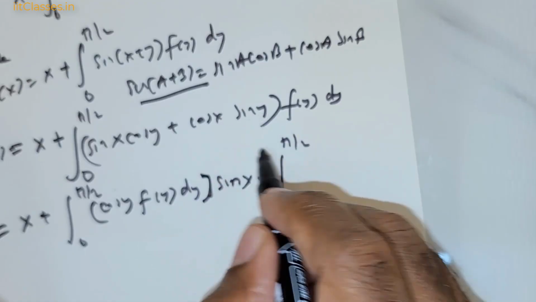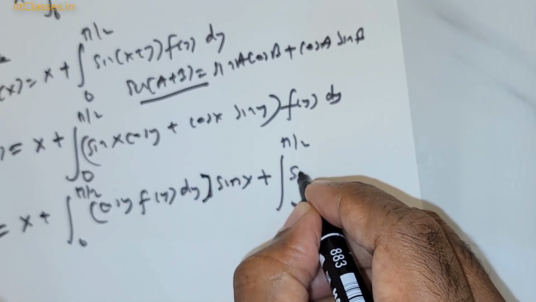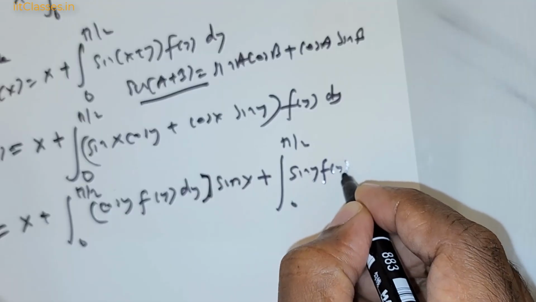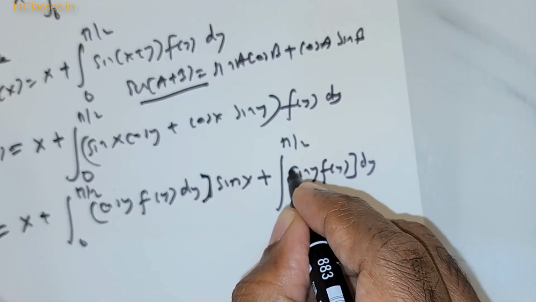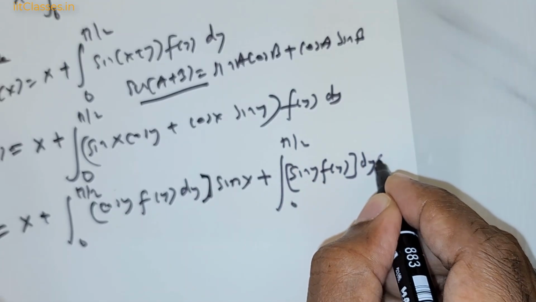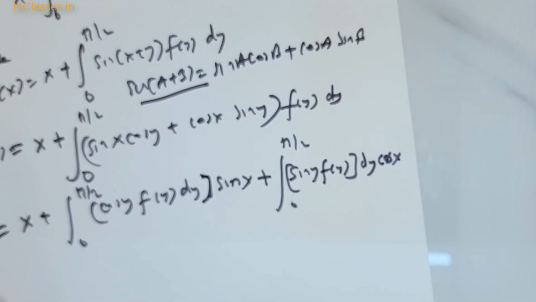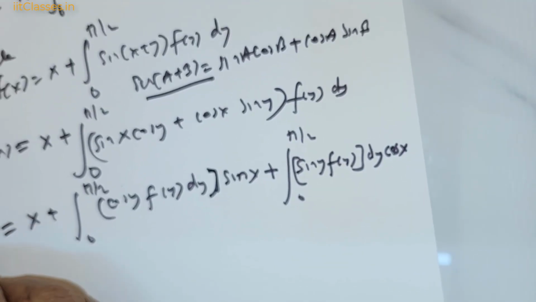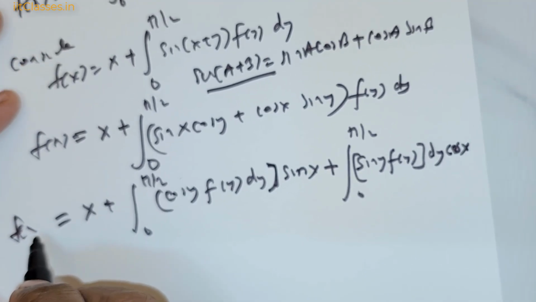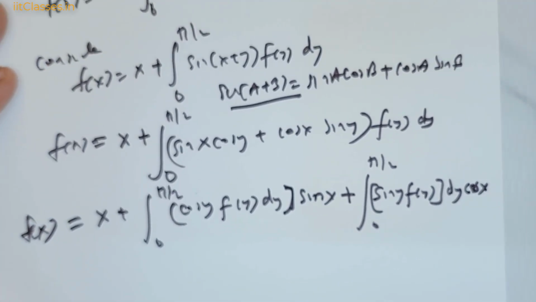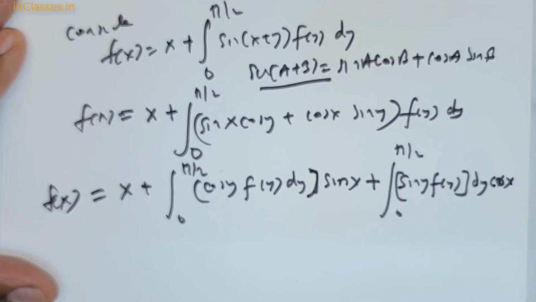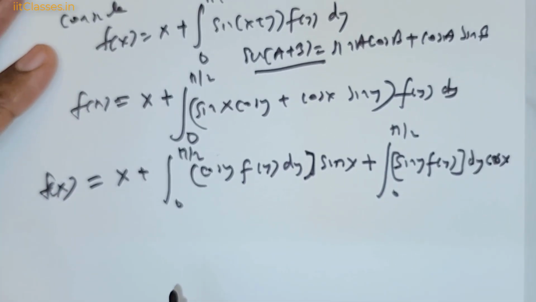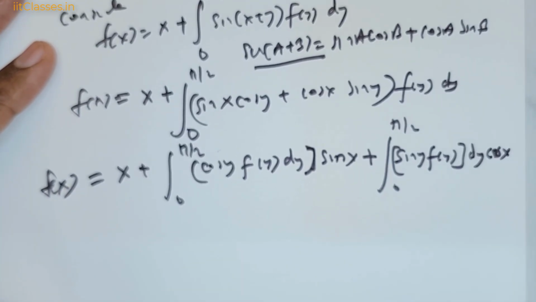Now with sin y you multiply f of y and then dy, and then you have cos x. So this is equal to f of x. I hope you are following this.